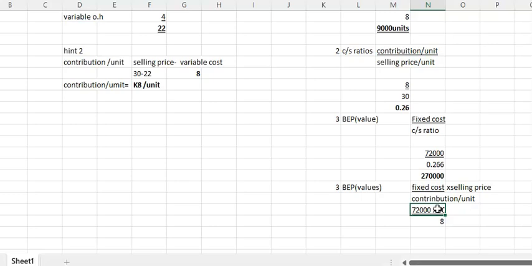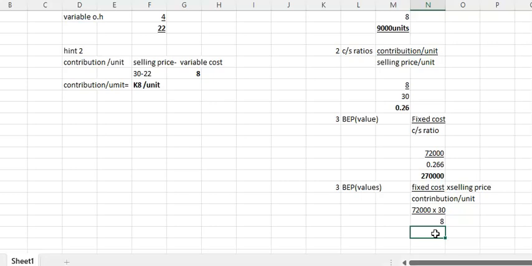So what do we get when we say 72,000 multiplied by 30?